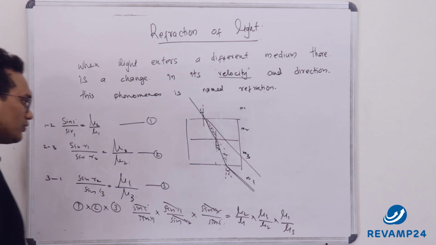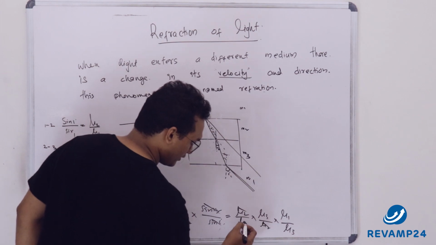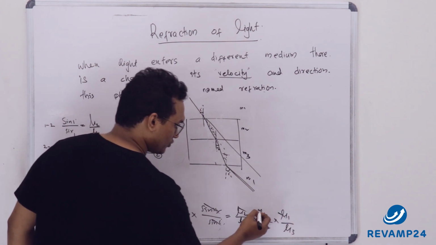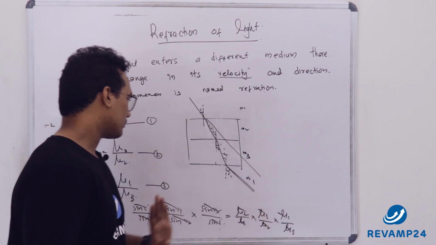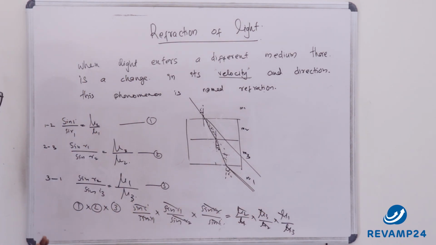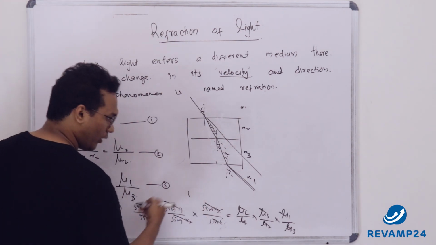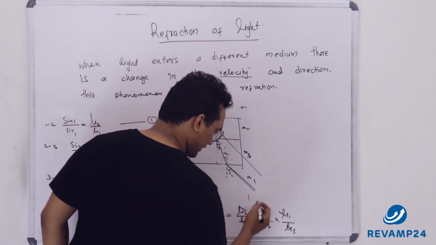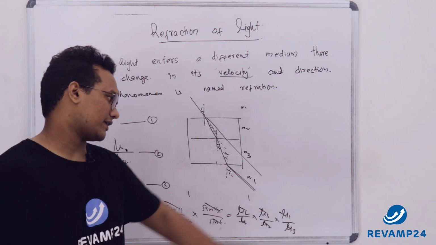So mu 2 cancelled, mu 1 cancelled, mu 3 cancelled. So this is simply 1 is equal to 1. We have cancelled everything and we have 1 remaining. So the equation is correct. LHS is equal to RHS.